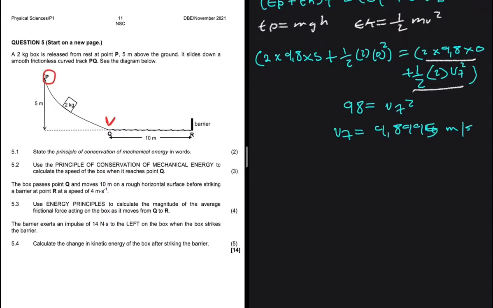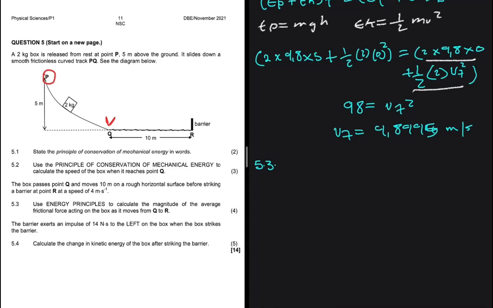We have a statement there saying that the box passes point Q and moves 10 meters on a rough horizontal surface before striking a barrier at point R at a speed of 4 meters per second. The question is saying: use the energy principle to calculate the magnitude of the average frictional force acting on the box as it moves from Q to R.